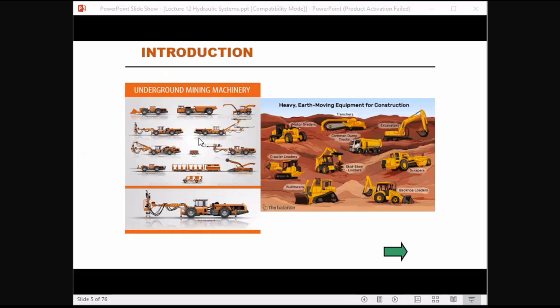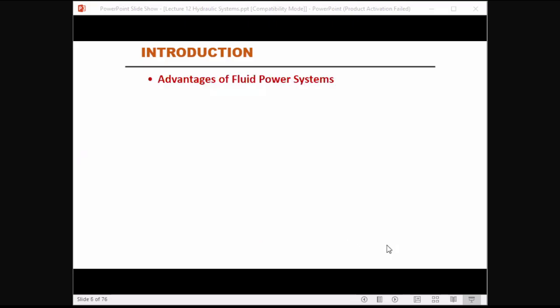According to pistons and these actuators, this will operate. Excavator and construction equipments. These are applications: motor grader, dumper, loader.